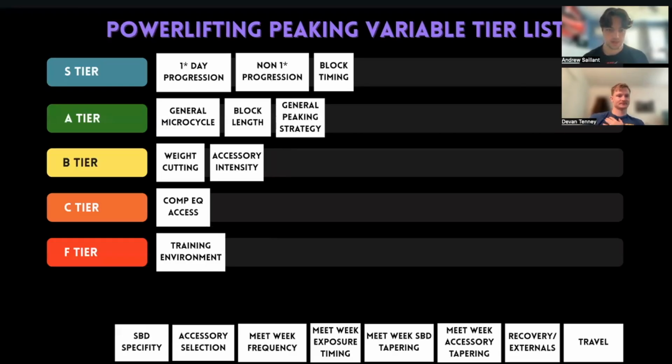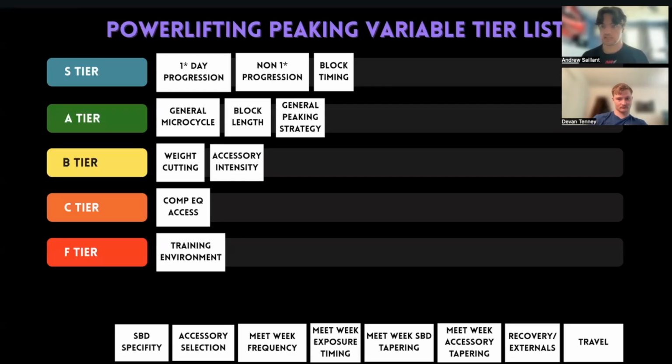So next one we've got going on here is SBD specificity. I think what we're referring to here is essentially variations within your SBD work. And I think this is definitely a very important thing to consider, because just because you're getting close to a competition does not mean you have to strip away all of your accessory work for the sake of specificity, which is probably a bit of an outdated but common trope when it comes to peaking for a meet.